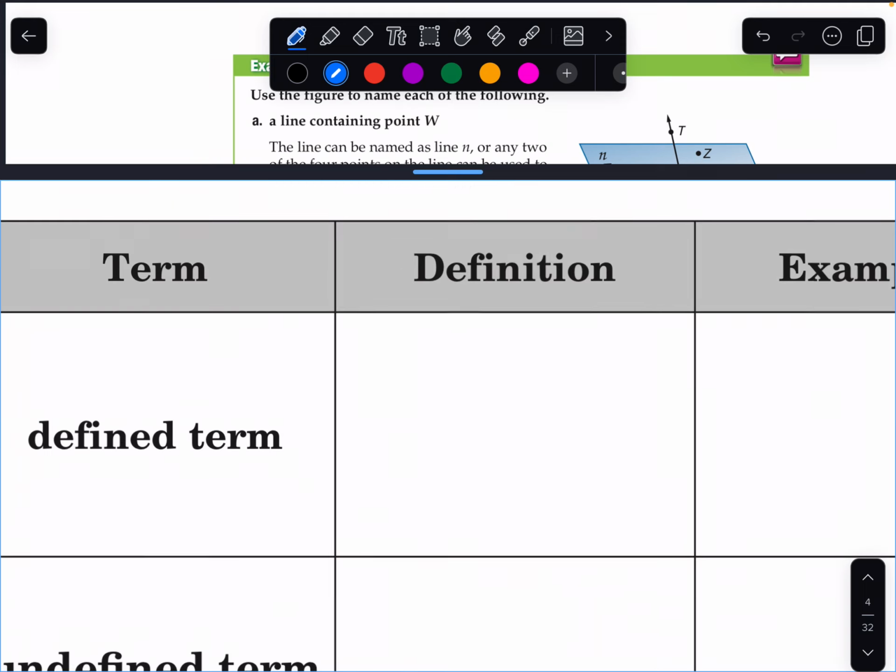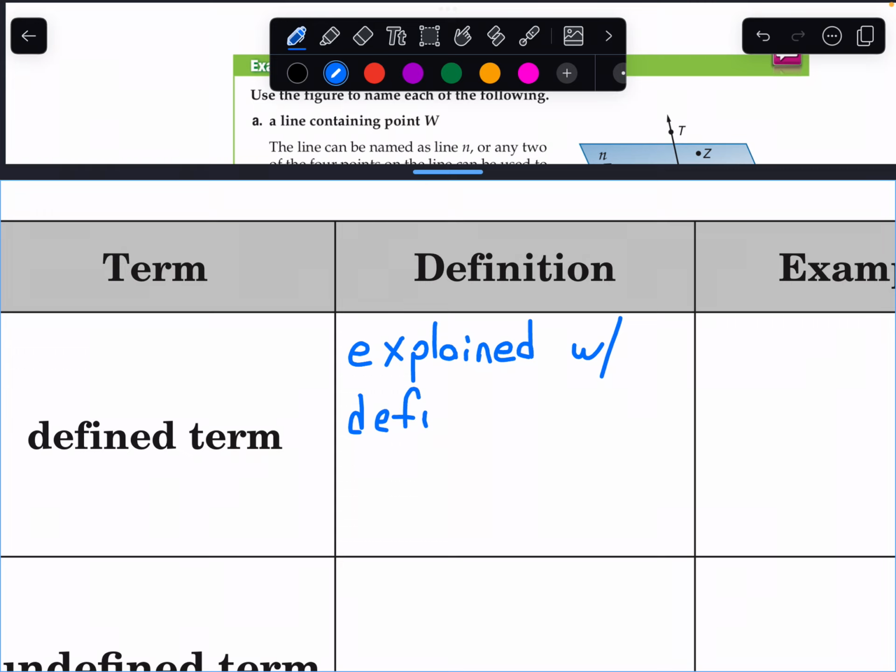So defined terms, definition, explained with defined and undefined terms.